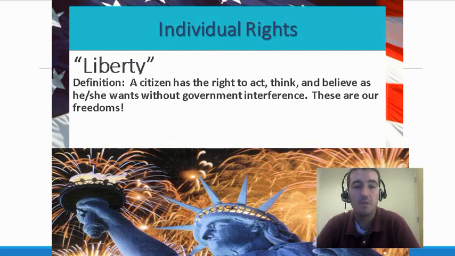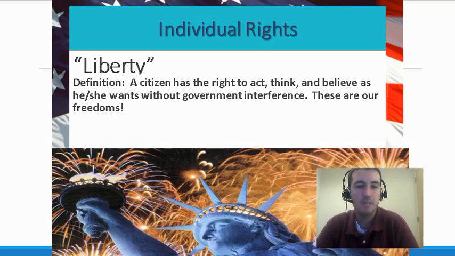You might be saying to yourself, well, then I don't have liberty because I can't just do whatever I want to do. If it says the right to act, and I feel like I want to steal something, I can't exercise my right to do that because it's against the law. So you have liberty within reason, meaning that you can act, think, and believe as you want to, but it can't violate anybody else's liberty.